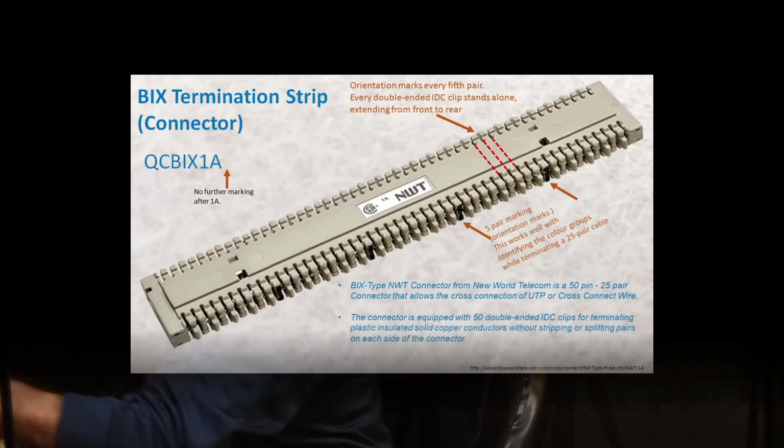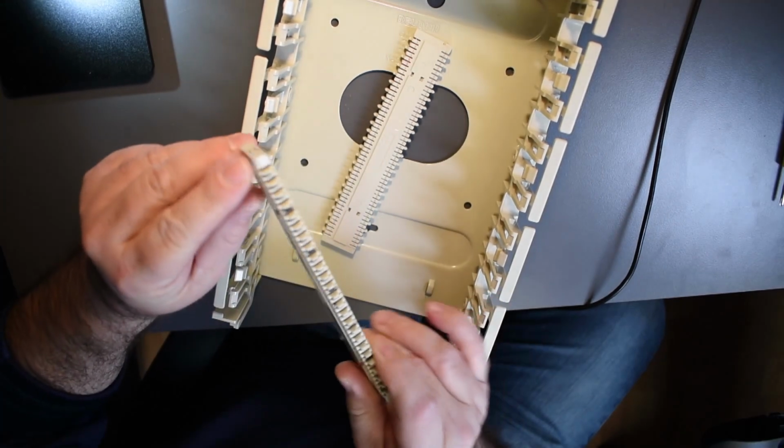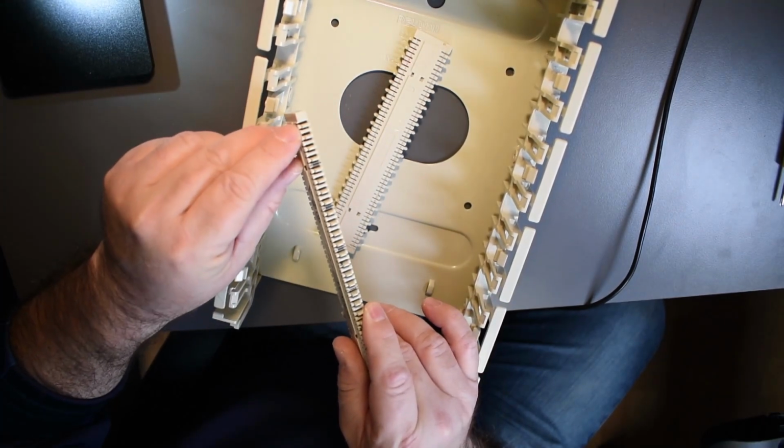Here it is. Here's our microscope. Here's the connector, and now we're going to take a look at how it looks inside there. Okay, so here is an insulation displacement connector right there.